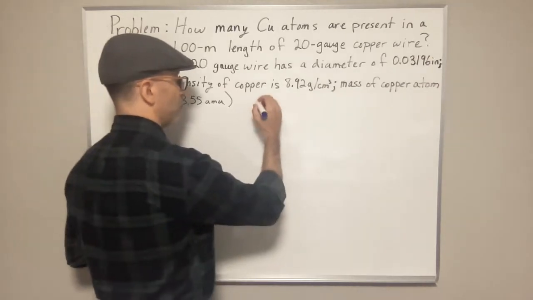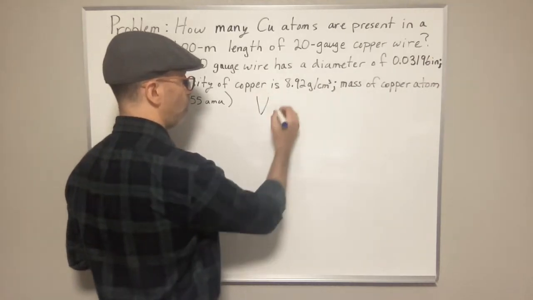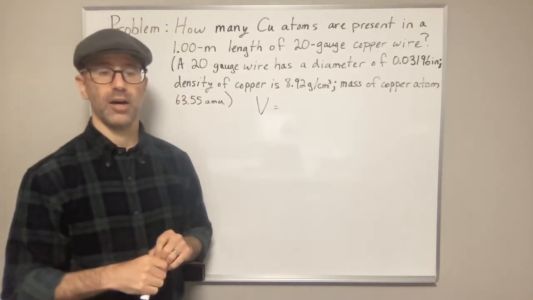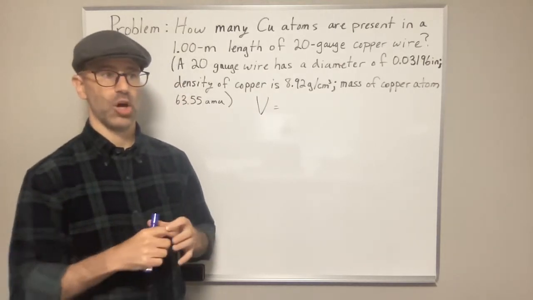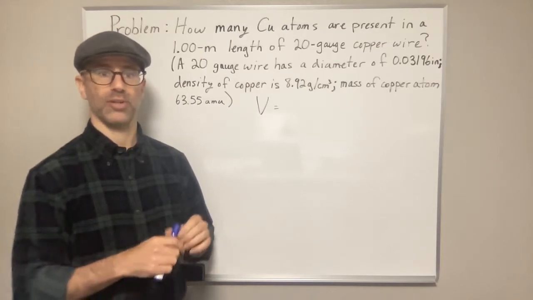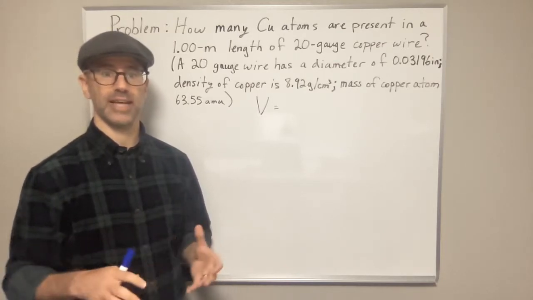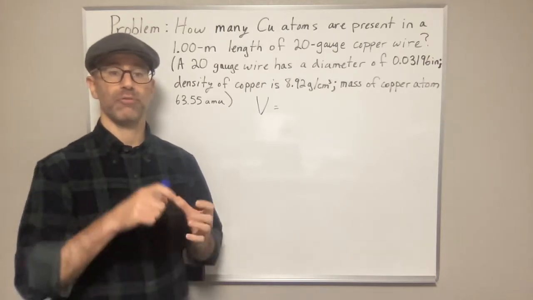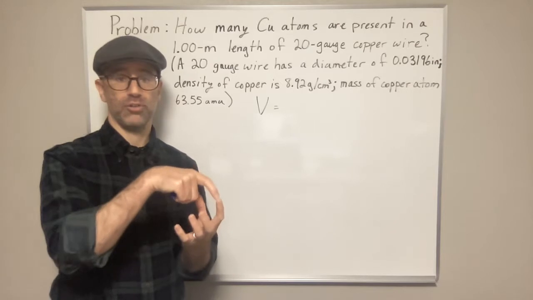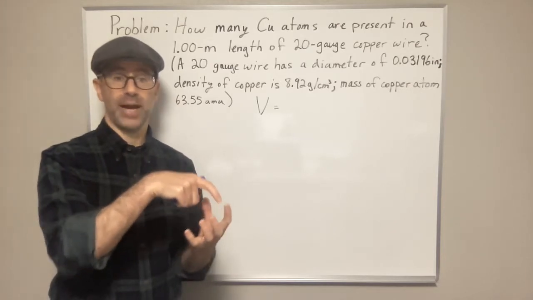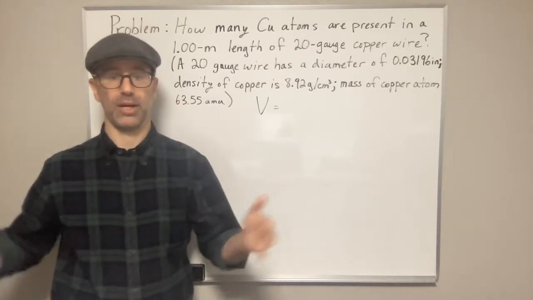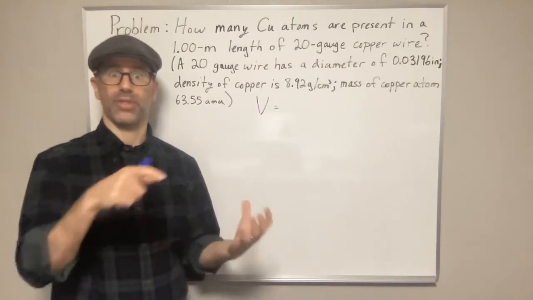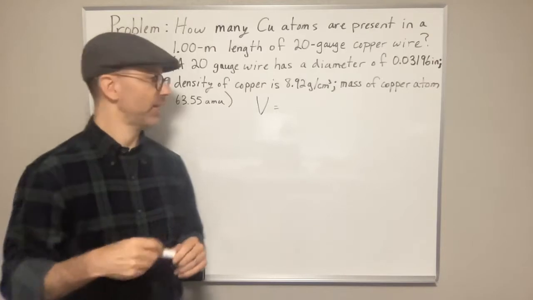So let's write that down. Volume is equal to, and if you think of a cylinder as just a long tube, then the diameter of the tube stays the same, so the area stays the same. If you can find the area of the tube, then you can multiply that area by the length of the tube, since we're assuming the diameter or thickness of the wire does not change.